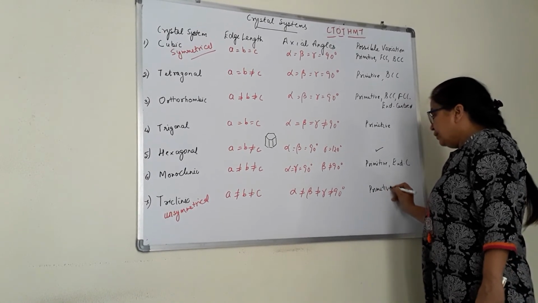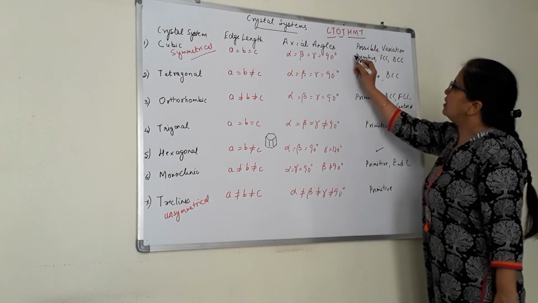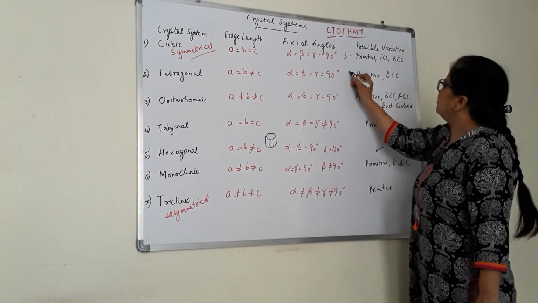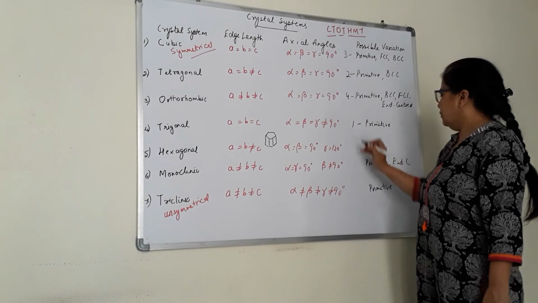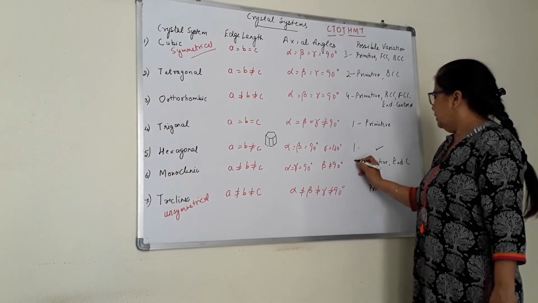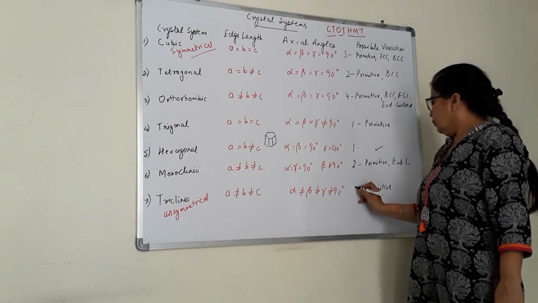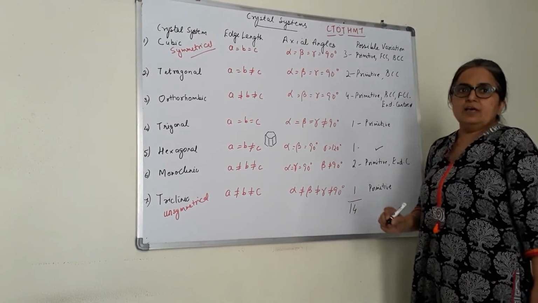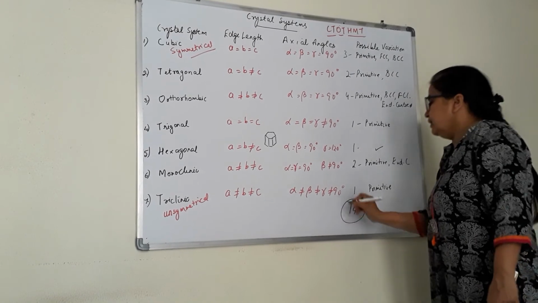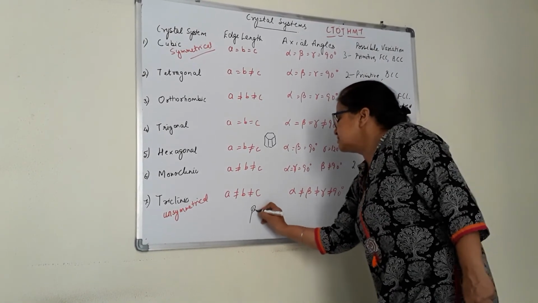One very important thing here, if you count them, this one is having 3, this is having 2, this is having 4, this one is having 1 arrangement, 2 and 1. If you add them, you will get 14. These are the 14 Bravais lattices.